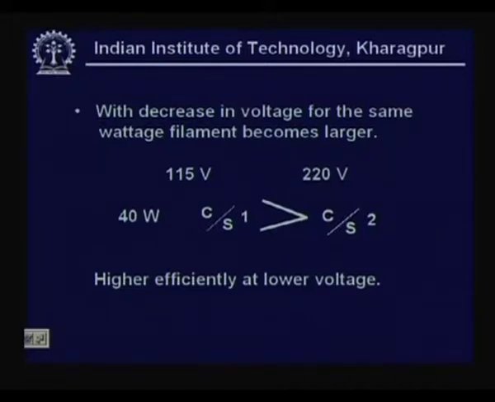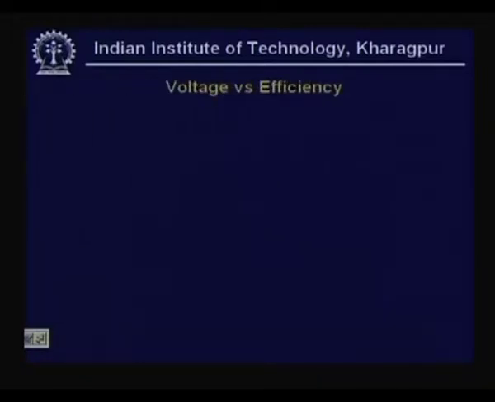Let us look at some of the characteristics of an incandescent lamp. Their typical curves are shown here. This is voltage versus efficiency. Needless to re-emphasize that for light sources, efficiency is talked of in terms of the light flux per unit of electric energy consumed.